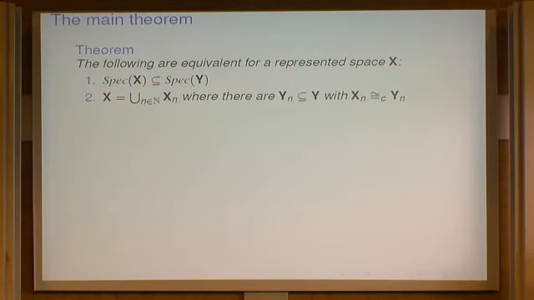So how does this notion work together with interesting stuff? We find that the spectrum of X is going to be a subset of the spectrum of some space Y if we can partition X into pieces which are all computably homeomorphic to some subspace of the second space.